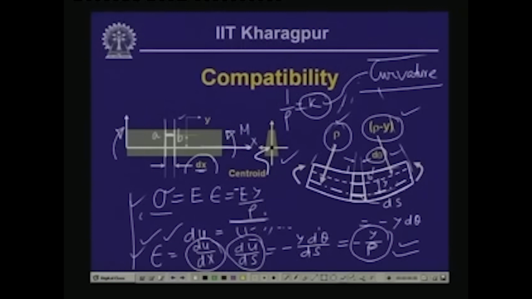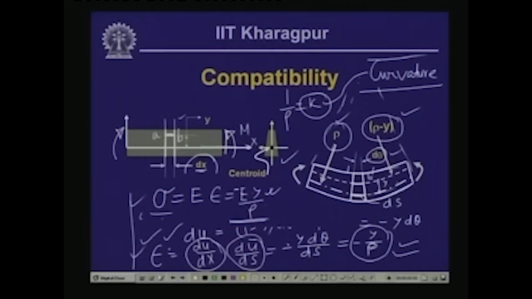Now, here you note that strain and the stress, they vary along the depth y, which is the depth of the beam. Now, from this particular relationship which we get, they are basically arrived at from the geometrical compatibility of the beam. Under the geometrical deformation, how it undergoes strain. So, this gives us a relationship which we call compatibility.